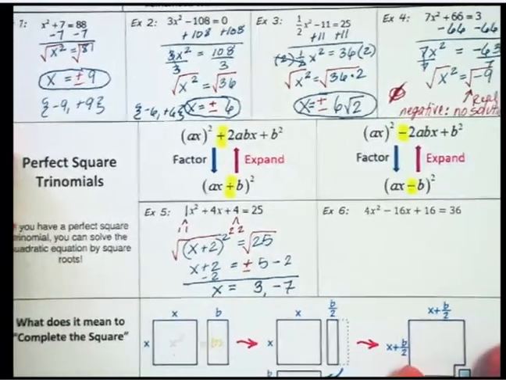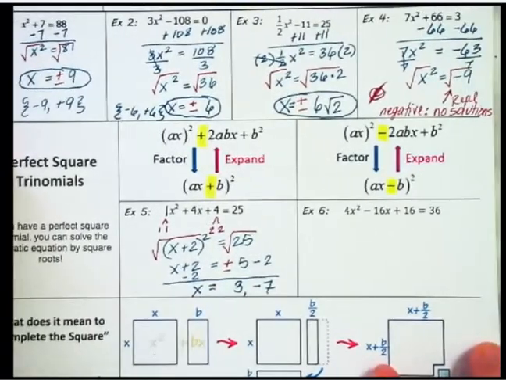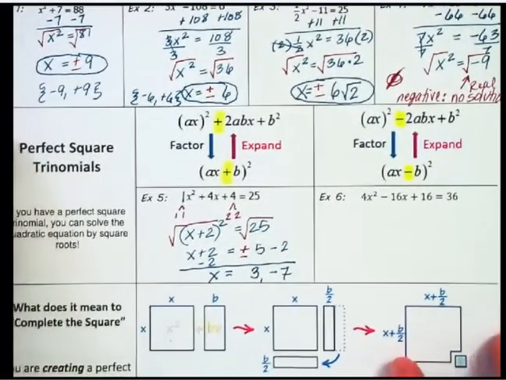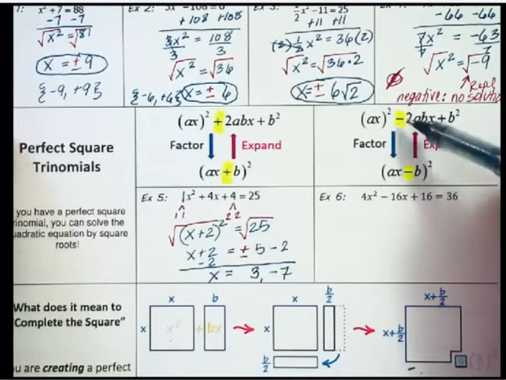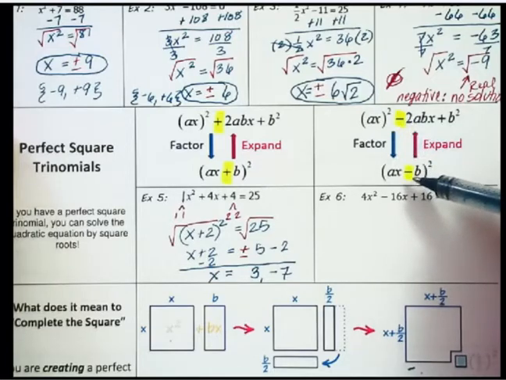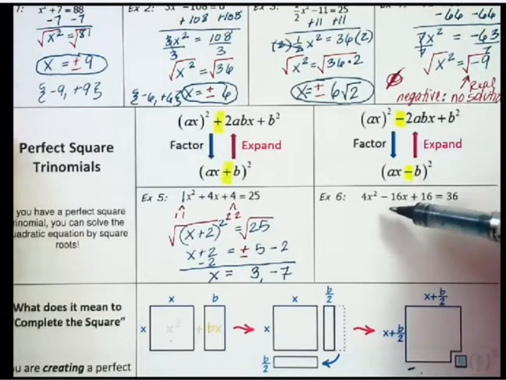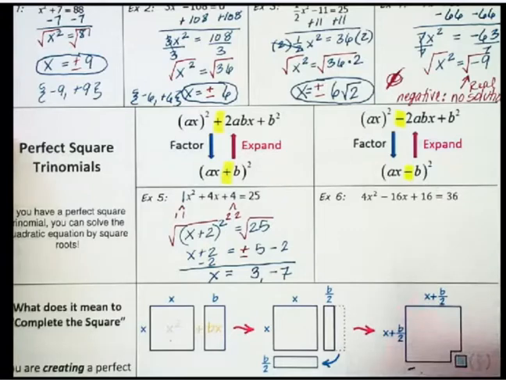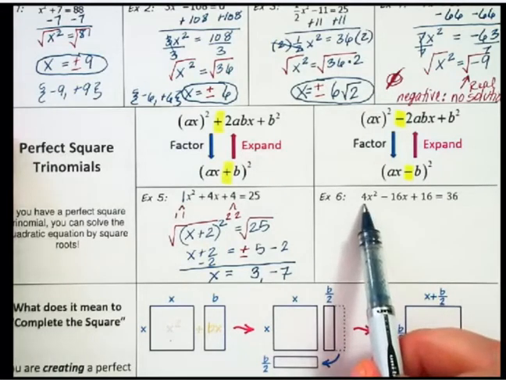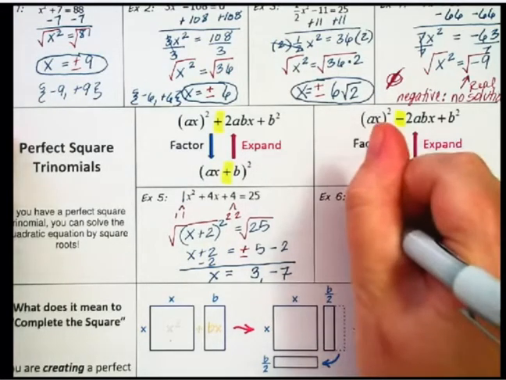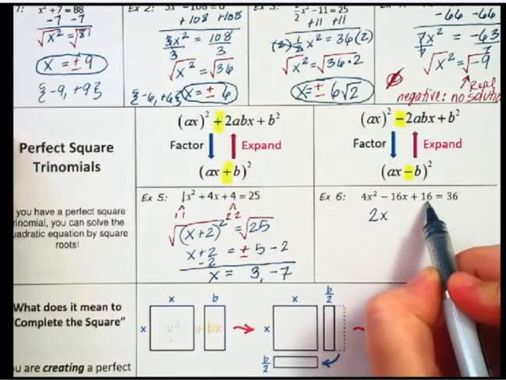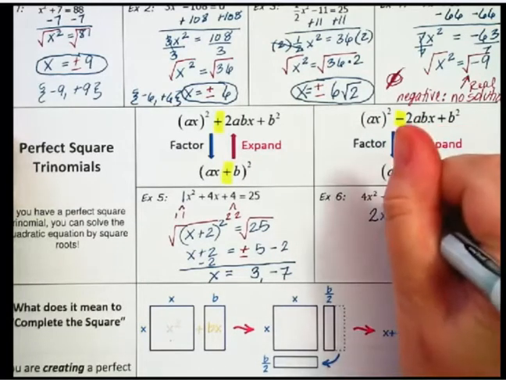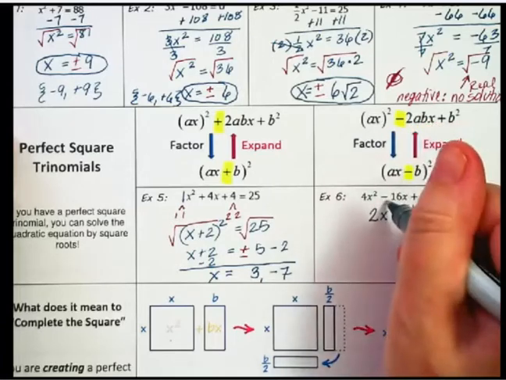Okay, let's do example number 6. This is another example of a perfect square trinomial. The only difference is that this middle term is a negative. So when I rewrite it as a squared term, it will also be negative. So here's how I do this. The square root of 4 is 2. Bring down the x. The square root of 16 is 4. And then bring down the negative.